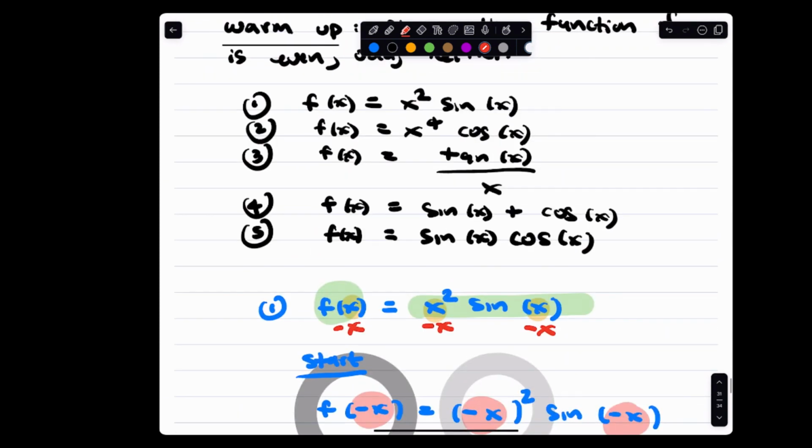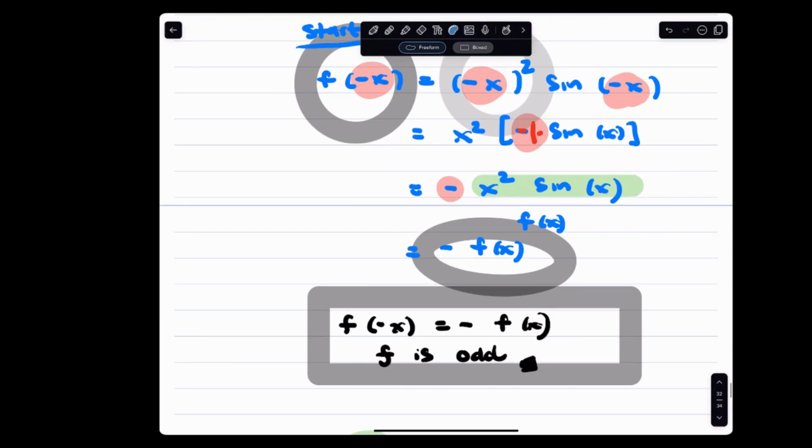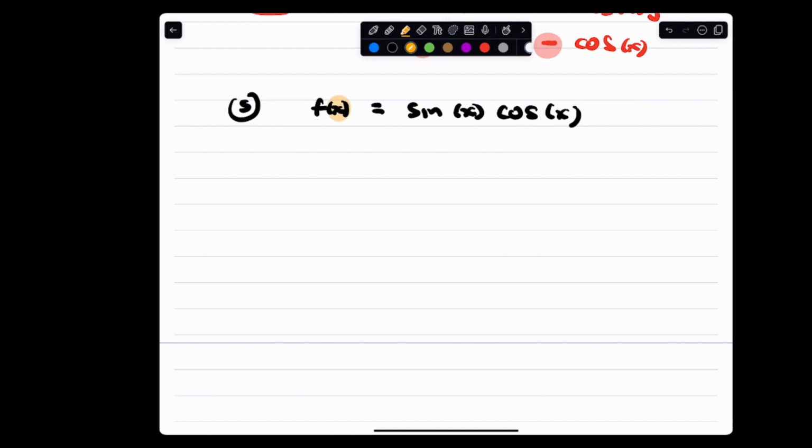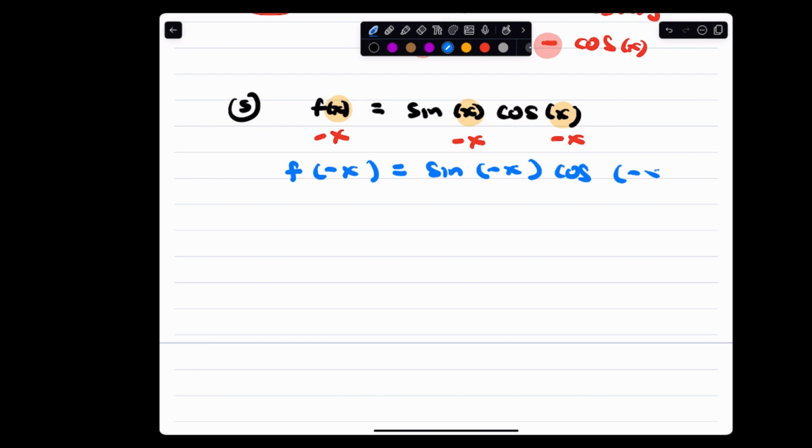What about number 5 here? Okay, same exact process. So you say, replace this x with a what? Negative x. What's sine of minus x?